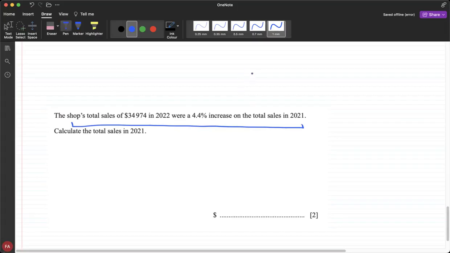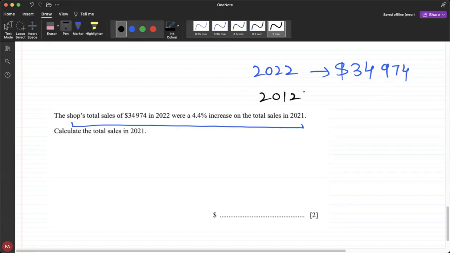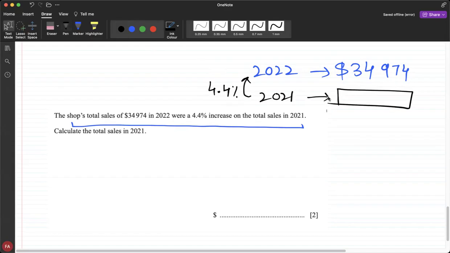What they're trying to tell you is that in 2022 they had sales of $34,974, which is a 4.4% increase from what they had in 2021. So they're asking you to calculate the total sales in 2021.